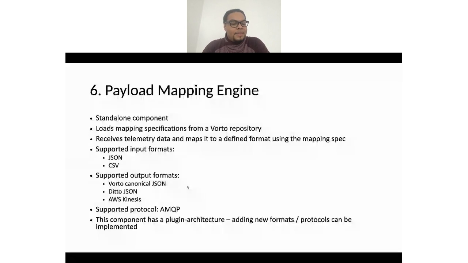The protocol that's being used for both input and output is AMQP. And the whole mapping engine is developed as a plugin architecture, so you can add new formats and protocols whenever you need. You can implement it pretty easily by just plugging in a new implementation for a format or protocol.